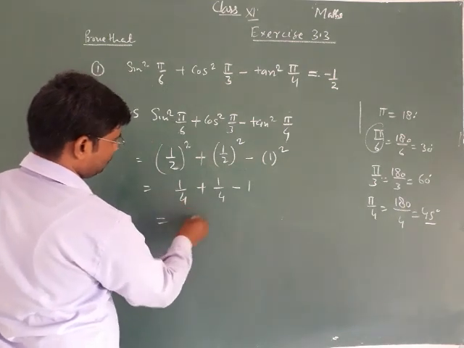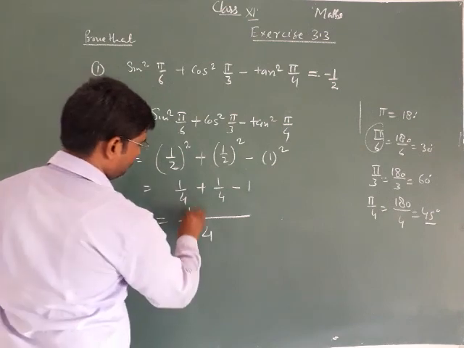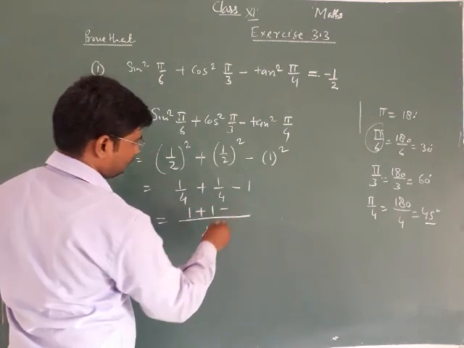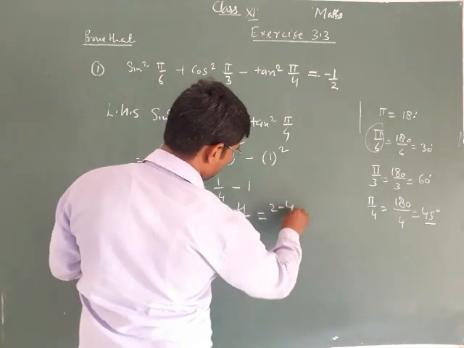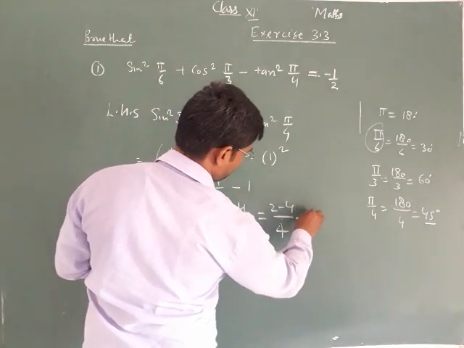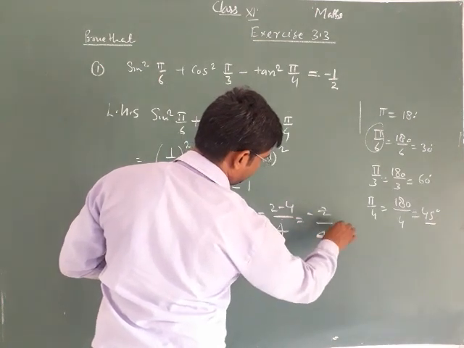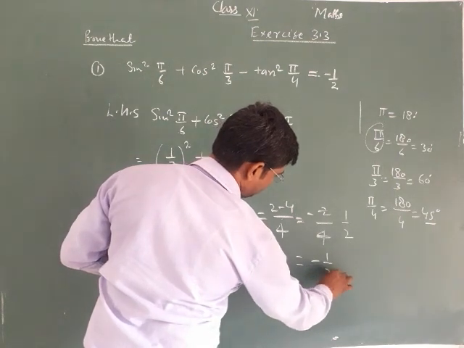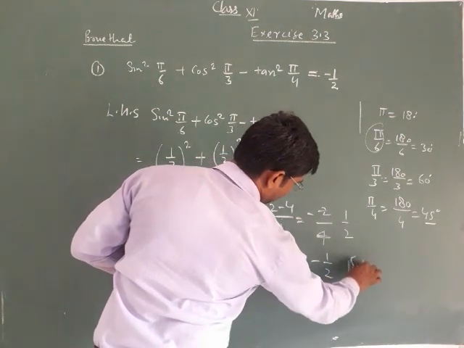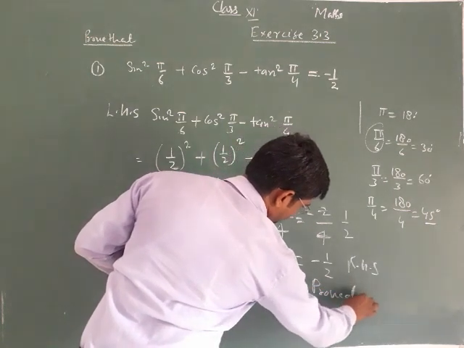So 1 by 4 plus 1 by 4 minus 1; taking the LCM 4, we get 1 plus 1 minus 4 upon 4, so minus 2 upon 4, which is minus 1 by 2. This is the RHS. Hence proved.